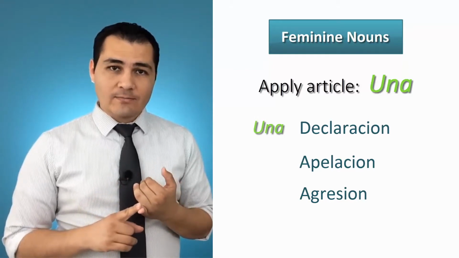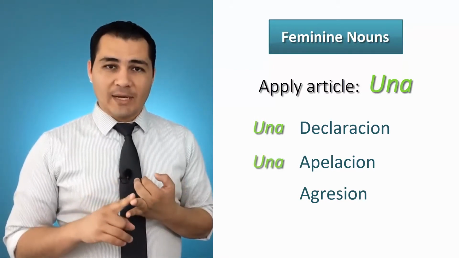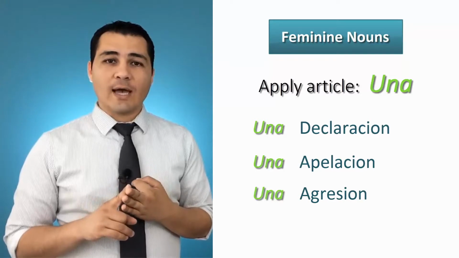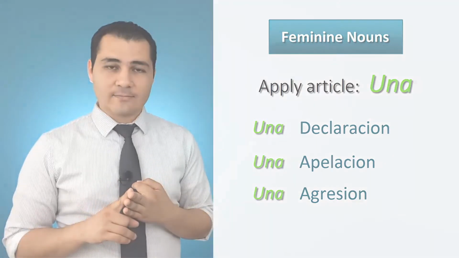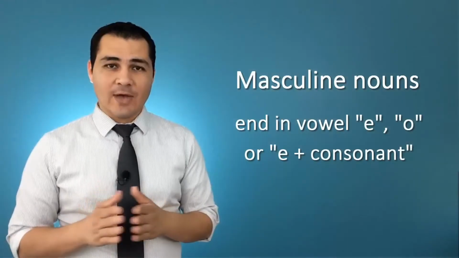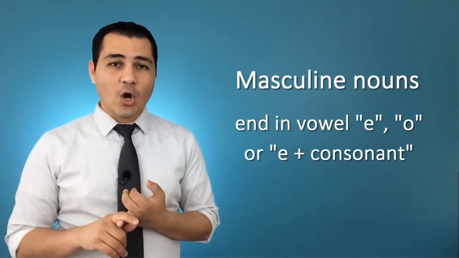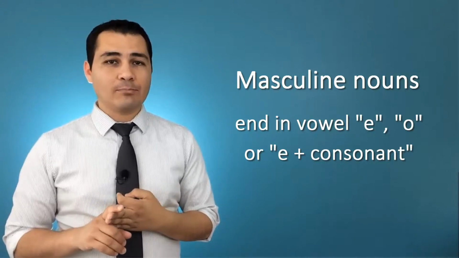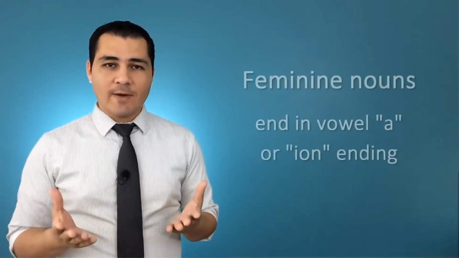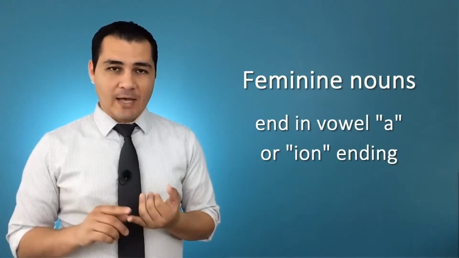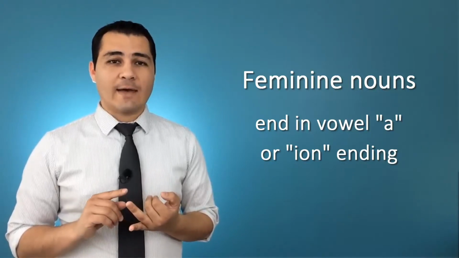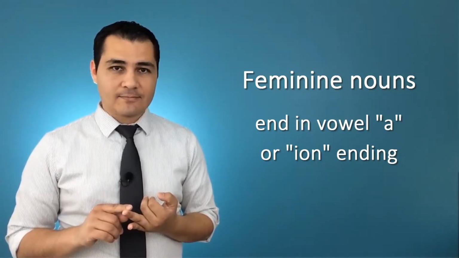Una declaración, una apelación, una agresión. There you have it. Masculine nouns either end in vowel E, vowel O, or vowel E plus a consonant. Feminine nouns either end in vowel A or have the ION ending.